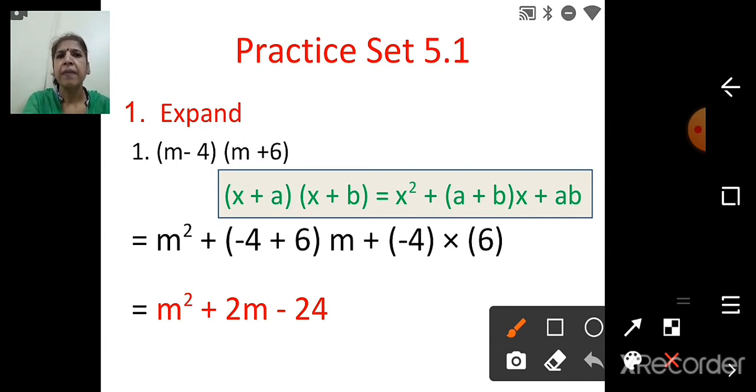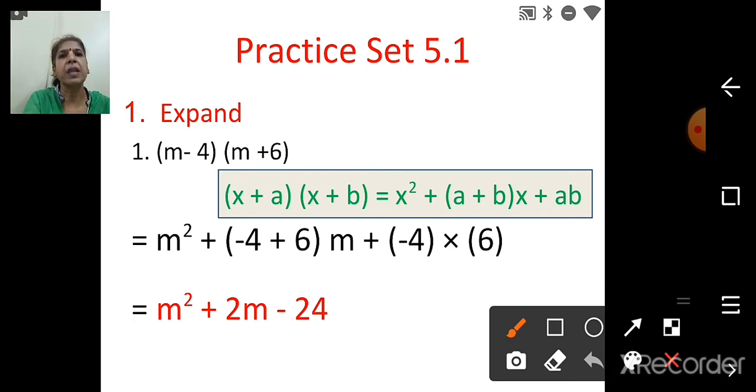So first you write the formula: x plus a, the whole bracket, multiplied by x plus b is equal to x square plus a plus b, the whole bracket, multiplied with x plus ab.